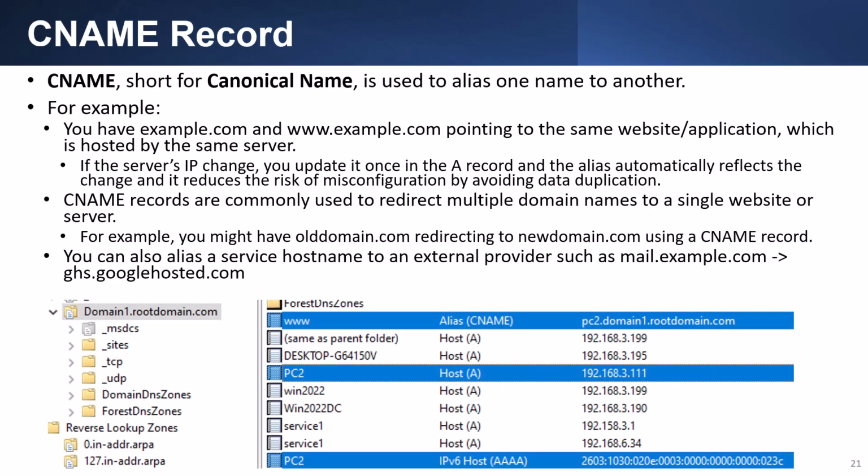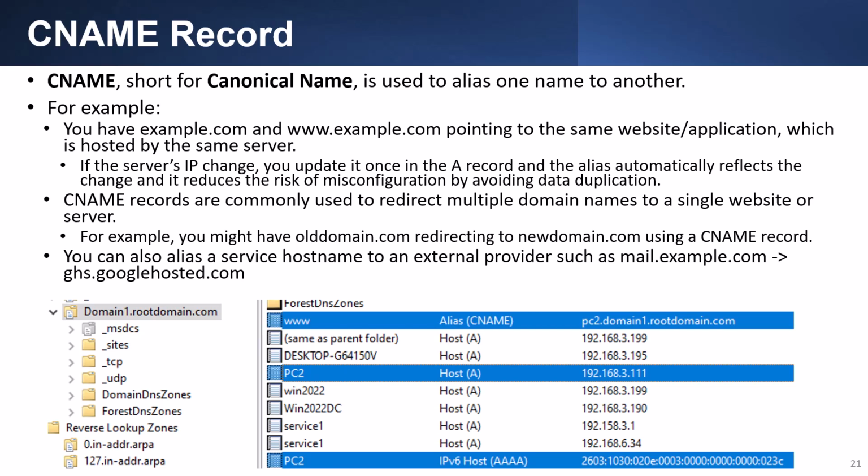CNAME, short for canonical name, is used to alias one name to another. For example, if you have example.com and www.example.com pointing to the same website or application, which is hosted by the same server, and the server's IP changes, you update it once in the A record, and the alias automatically reflects the change. It reduces the risk of misconfiguration by avoiding data duplication.